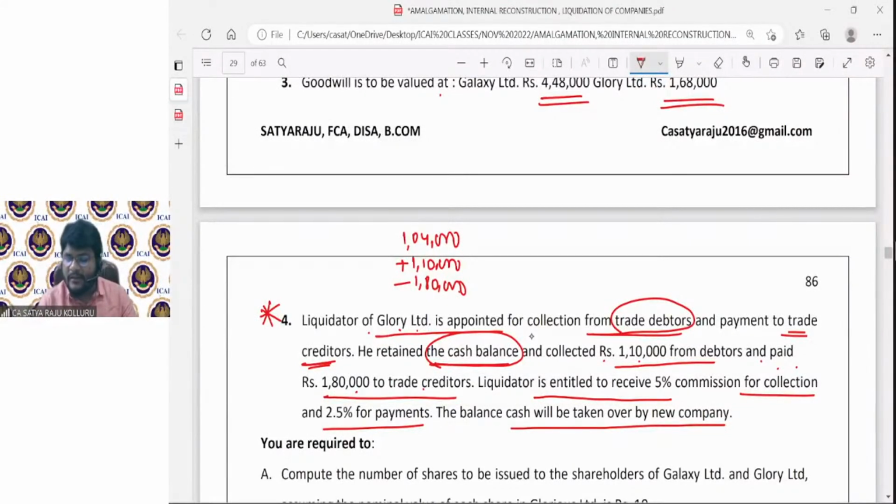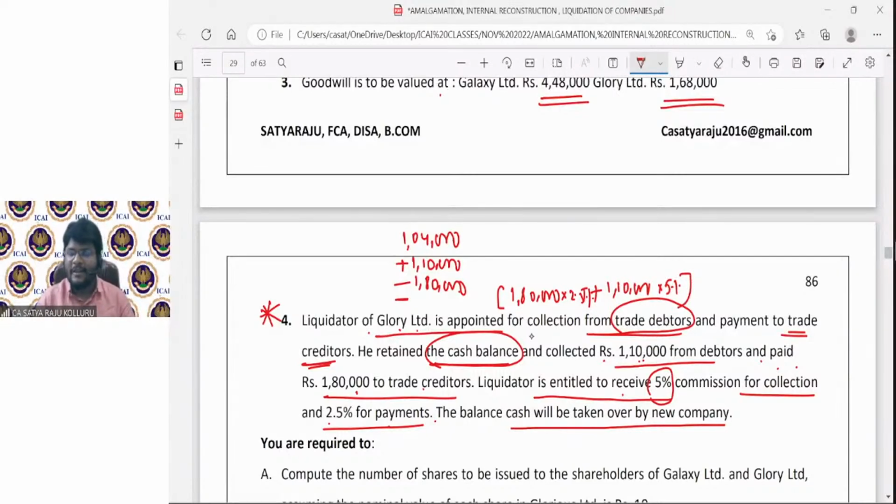And the liquidator is entitled to receive 5% commission for collection and 2.5% for payments. That is liquidator remuneration. Liquidator remuneration is 1,10,000 into 5% plus 1,80,000 into 2.5%.